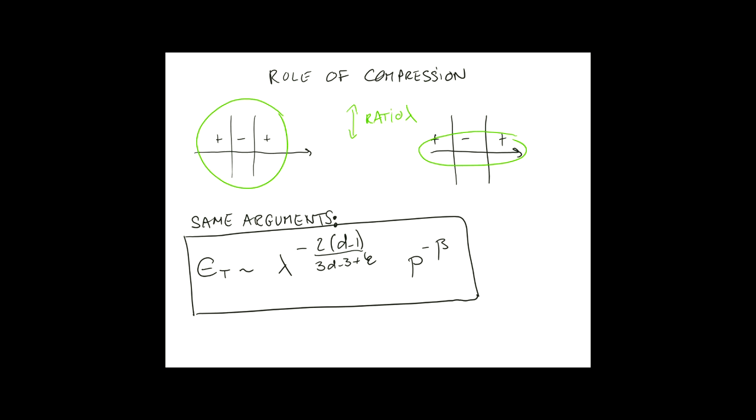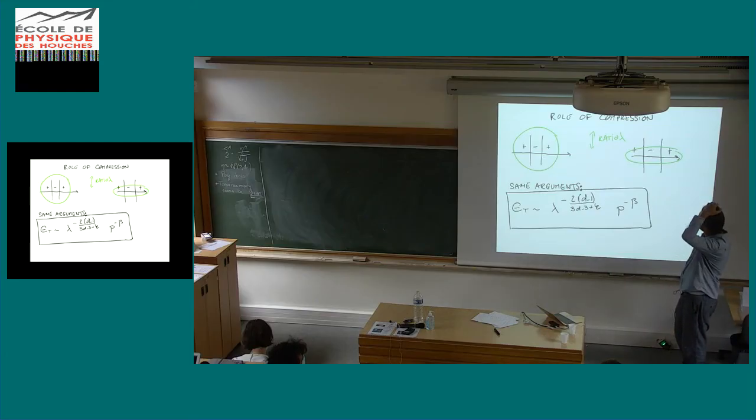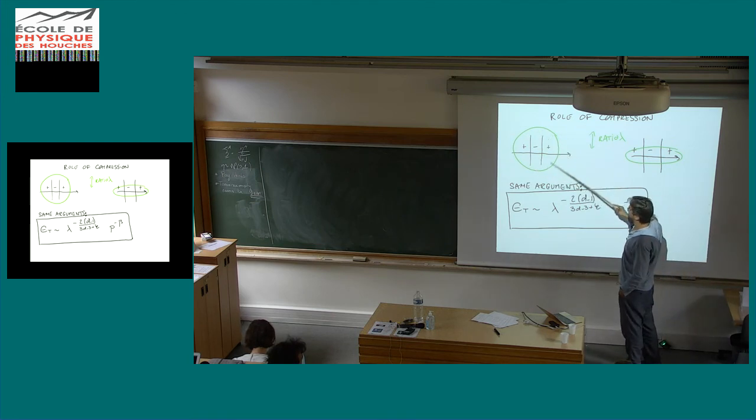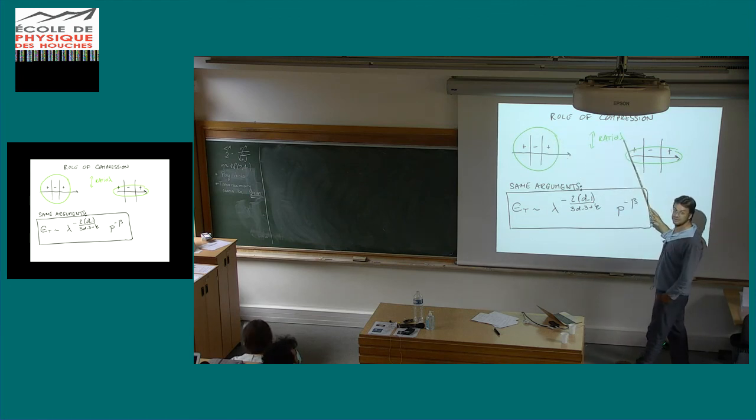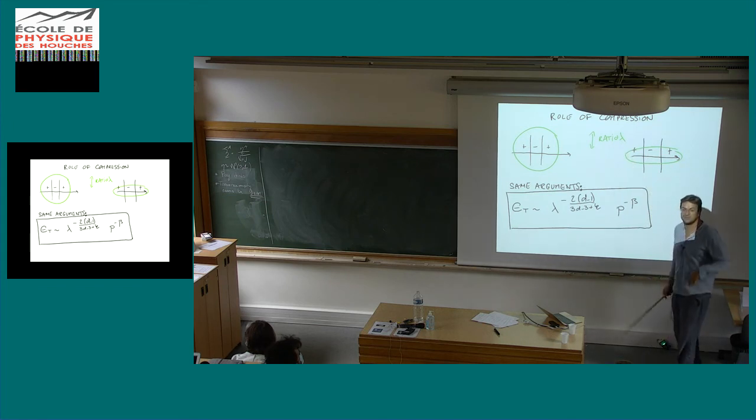So before I do that, I have to tell you about compression. All those scaling arguments, I've done them in the case where the distribution of points was isotropic. But now you can squash it by a factor lambda. So now it's an ellipse. And you can redo all the scaling arguments that I told you about, and you find that the test error still behaves in the same way with the number of points.